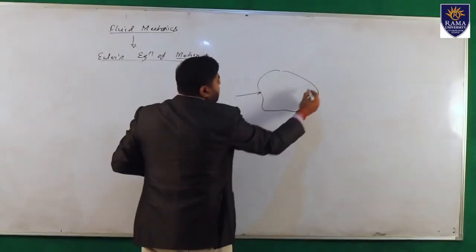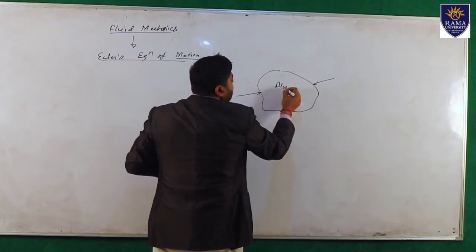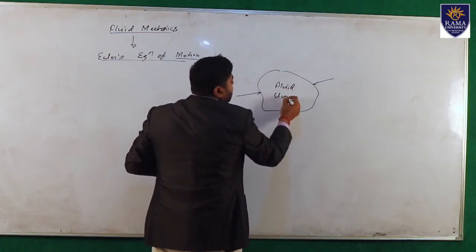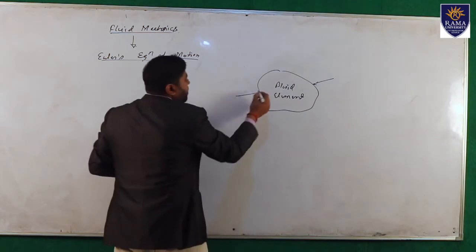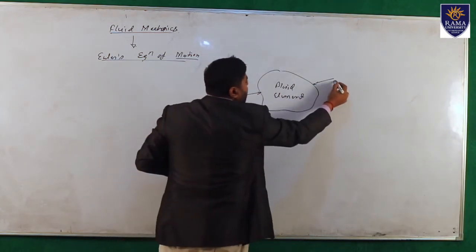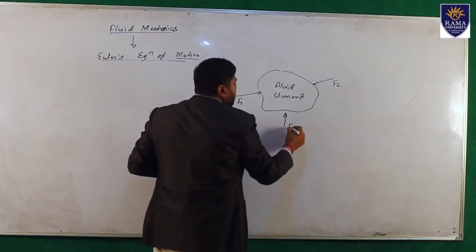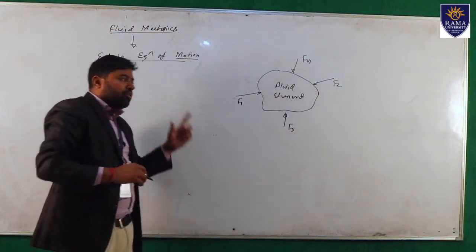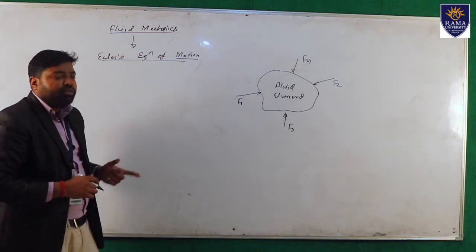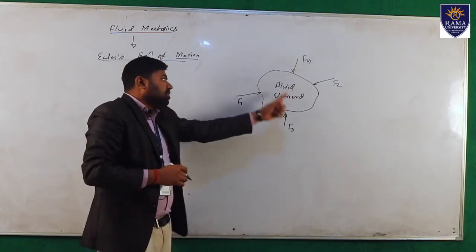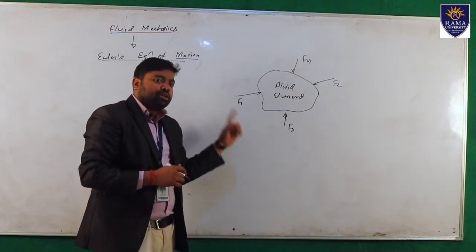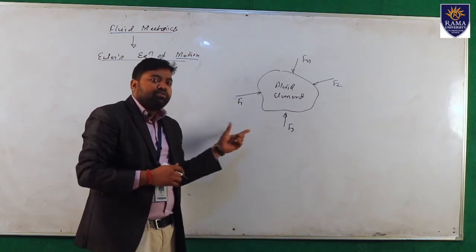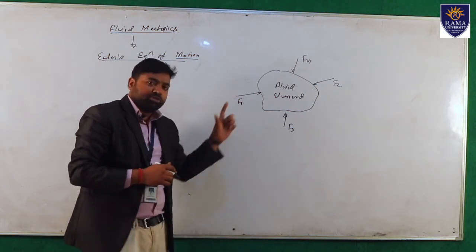Suppose this is a fluid element, and there are a lot of forces F1, F2, F3, F4 acting on the fluid element when the fluid flows. So generally we have to consider the many forces and study how to make the Euler equation from these types of forces.